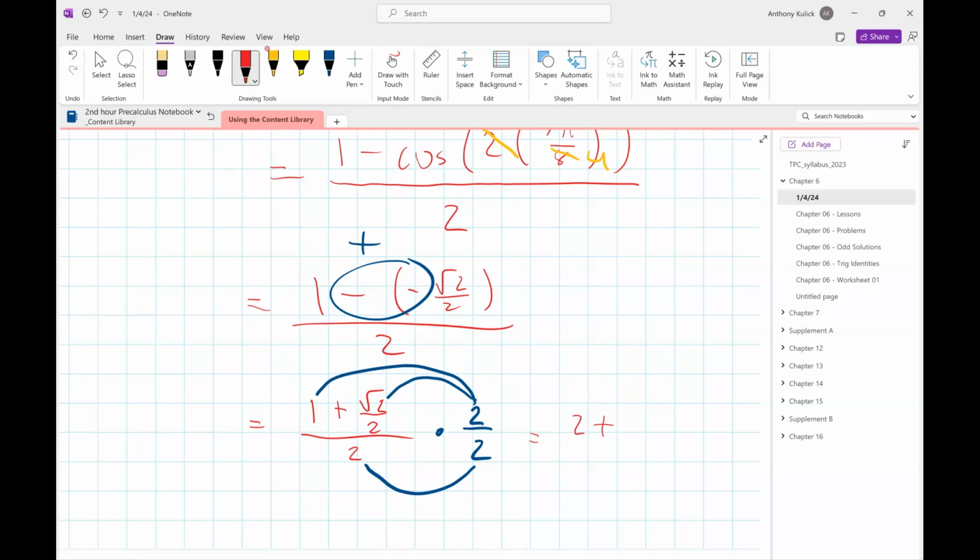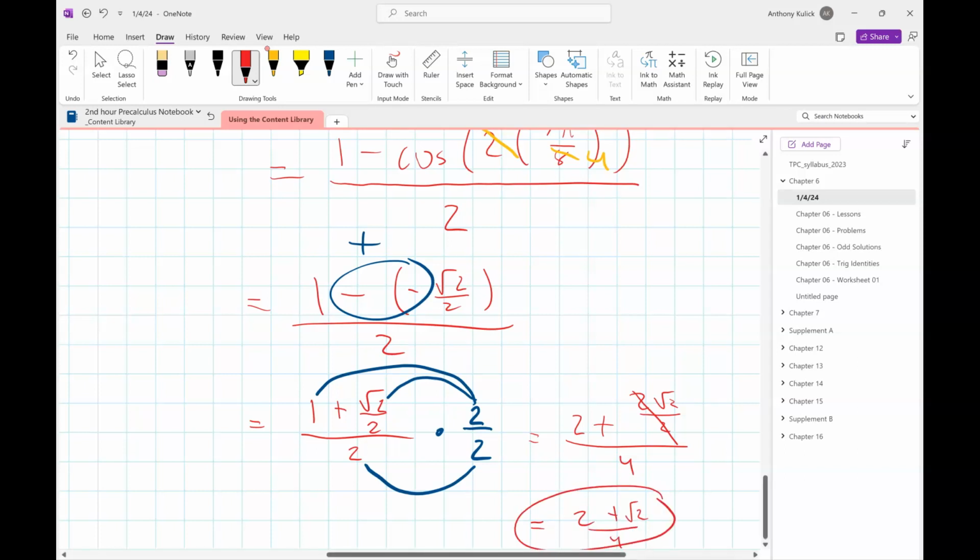And then 2 times root 2 over 2 is just root 2, right? These really had a 2 root 2 over 2, and those reduced down. So my answer should be 2 plus root 2 over 4.